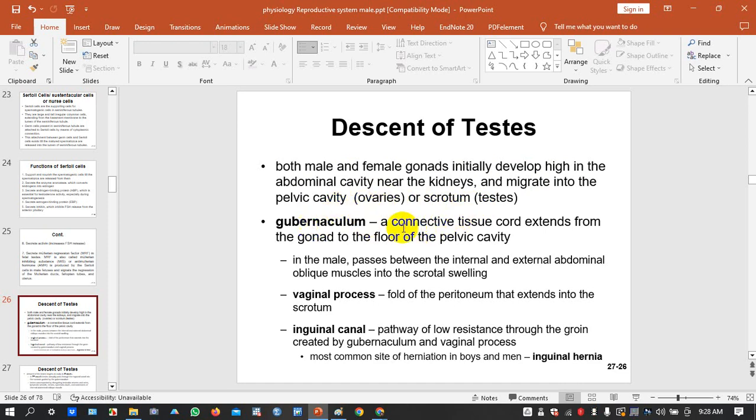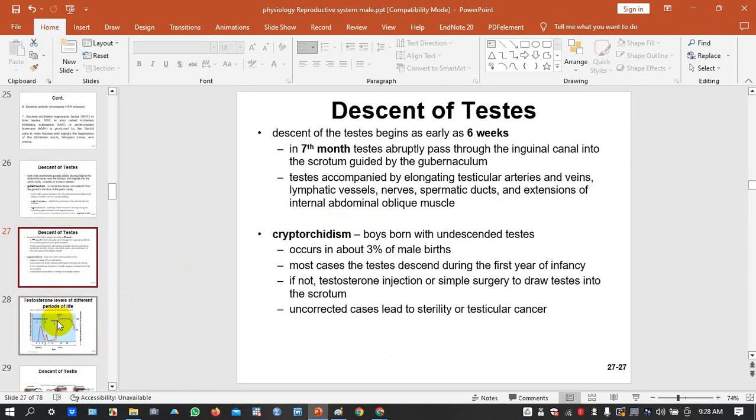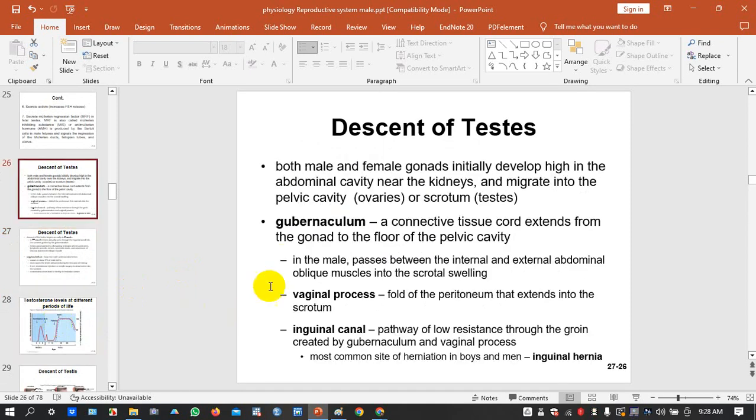There's a structure called the gubernaculum. It's a connective tissue cord that extends from the gonad to the floor of the pelvic cavity. It guides the testes or the ovaries down. In females, the gubernaculum becomes the ovarian ligament. In males, it becomes small and attaches to the scrotum.